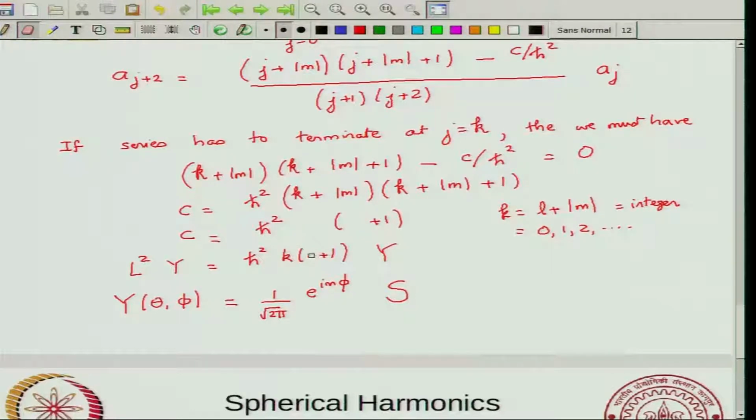So I'll use the notation L, where L equals k plus m. I said the series has to terminate at j equal to k, so you must have this relation, and this is the L.